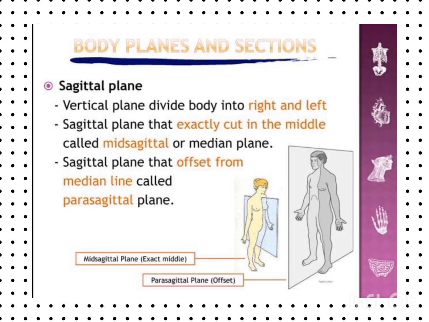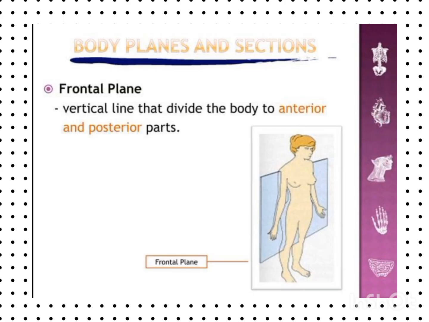Another one is position, which can be supine or prone. For supine, the individual is lying on his back, and when the individual is lying on his or her abdomen, it is the prone position. We also have abduction and adduction.